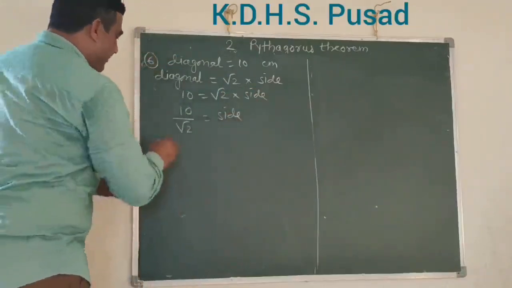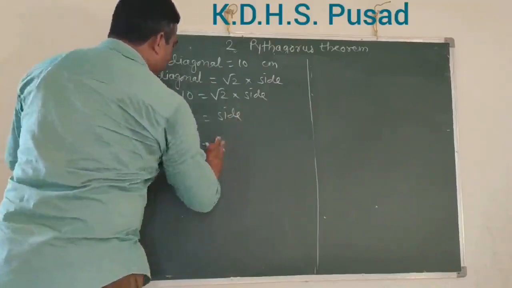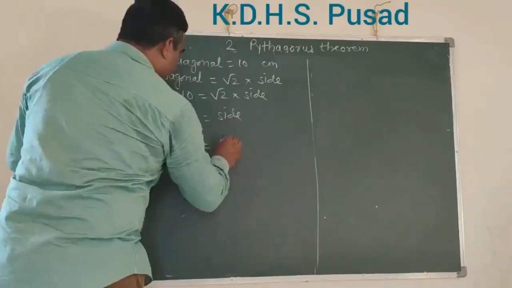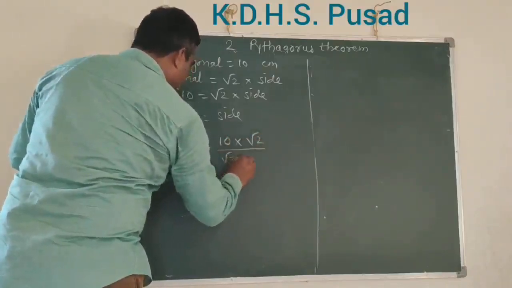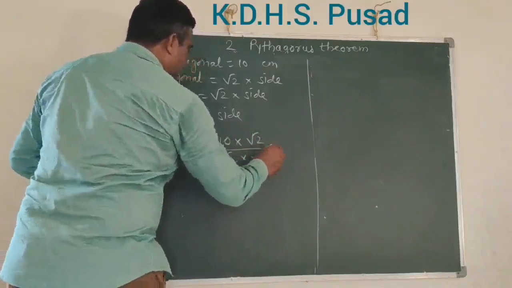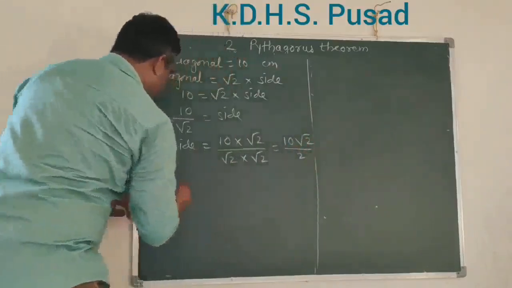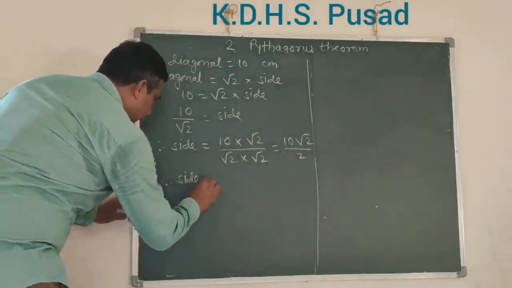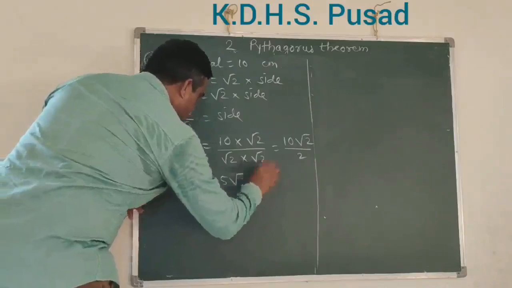Rationalize it. Therefore side equal to 10 into root 2 divided by root 2 into root 2, that is 10 root 2 by 2. Therefore, the side of the square is 5 root 2 centimeter.